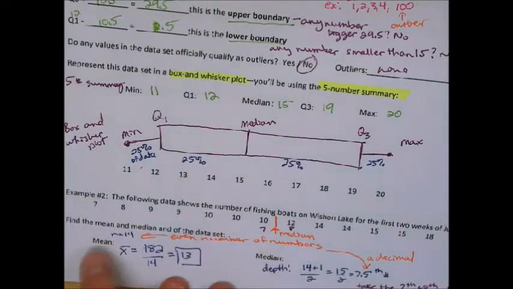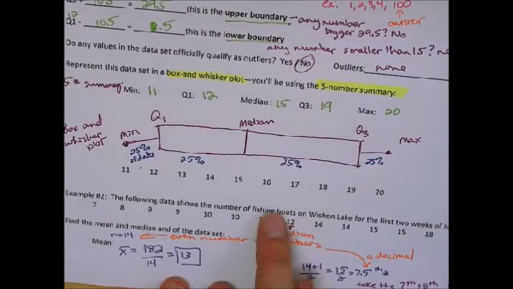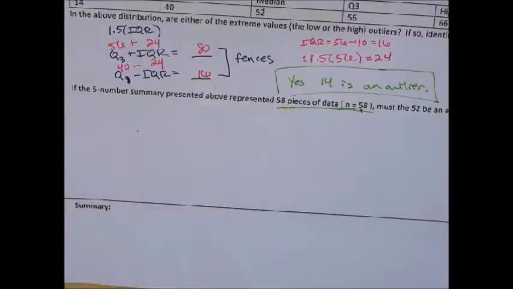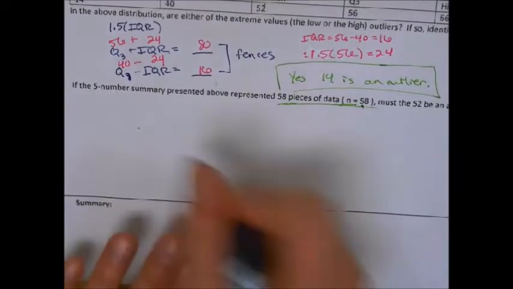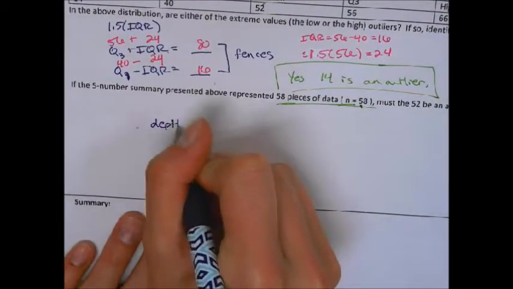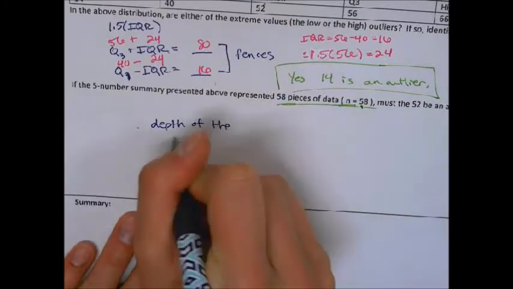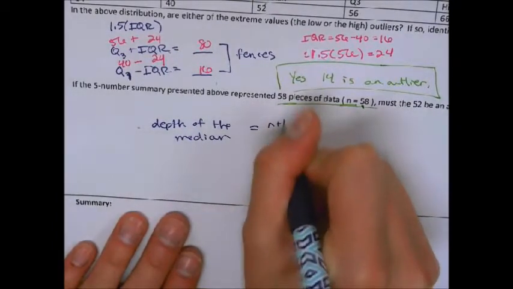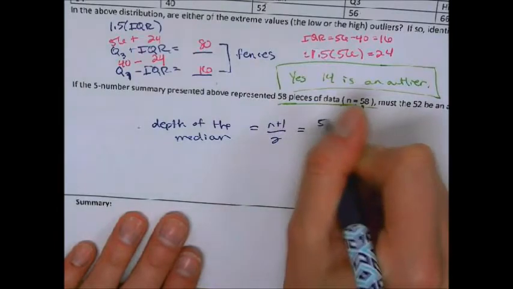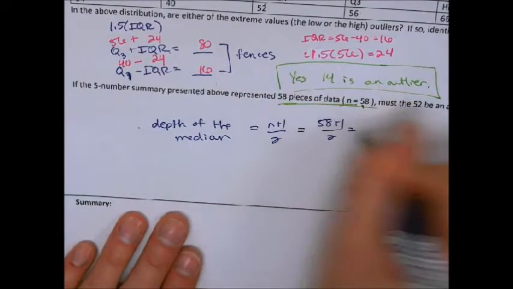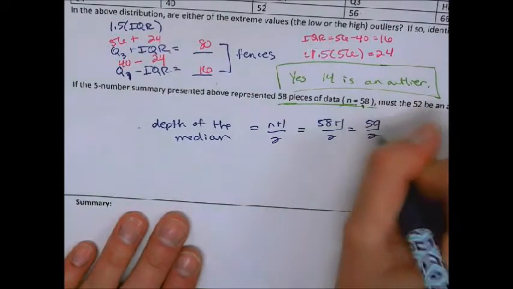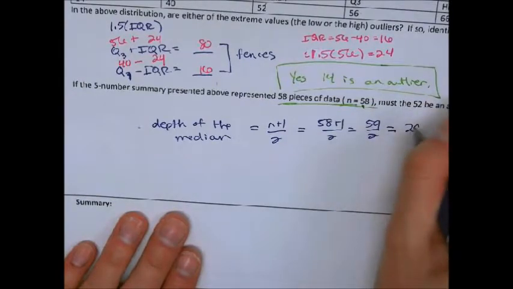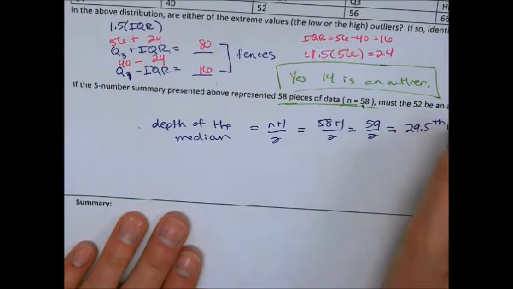But when I had 14 here, our median was in between, so it was not a data point. So we have to look at that depth. So our depth of the median is n plus 1 divided by 2. So 58 plus 1 divided by 2. We get it's the 29.5th number.